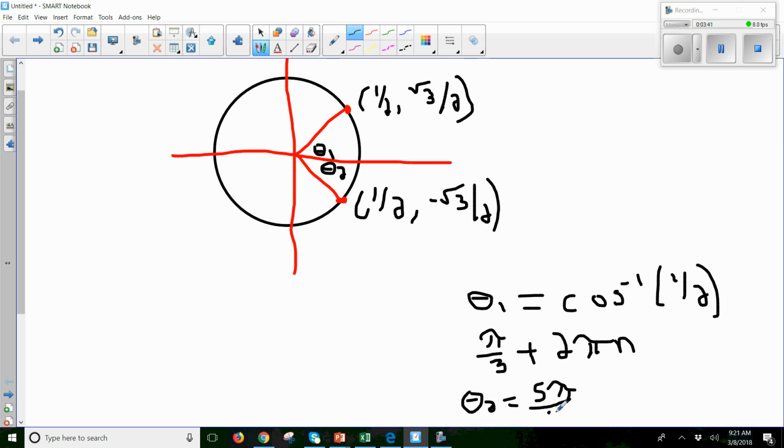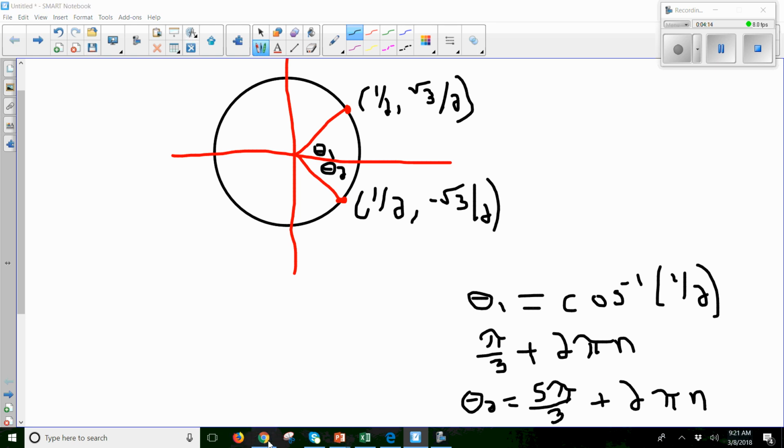That's almost a whole 2 pi around there, so it's a 60-degree slice short. And then you can add any multiple of 2 pi to this as well. Again, n could be 0, negative or positive 1, negative or positive 2. So you have two solutions, and each solution is going to have an infinite number of them.